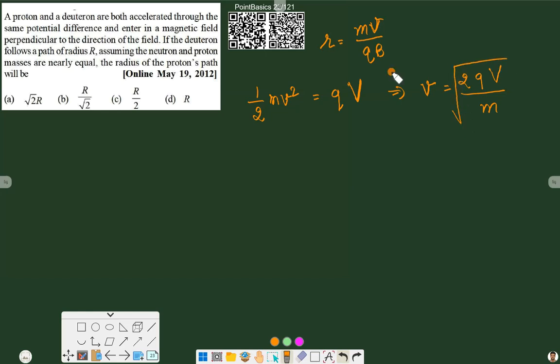Putting this value in the formula for the radius, it will be mass times 2 q potential by mass under root, over qB, and we will have 1 by B as it is.